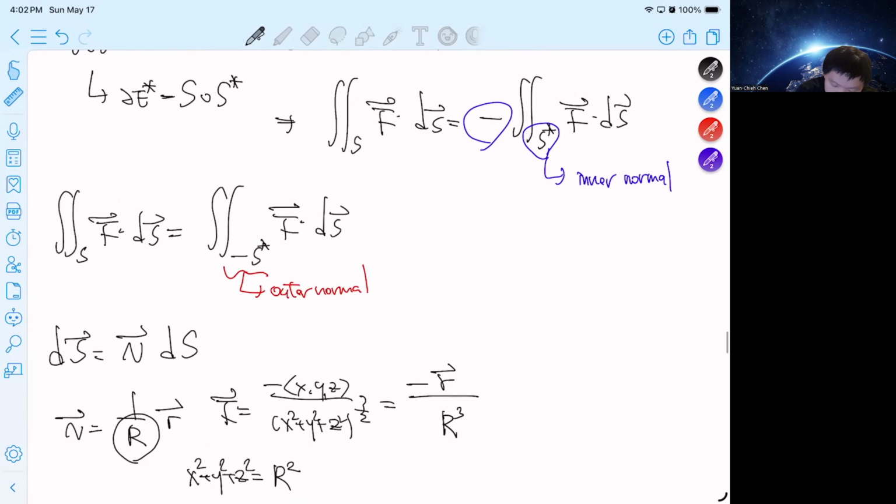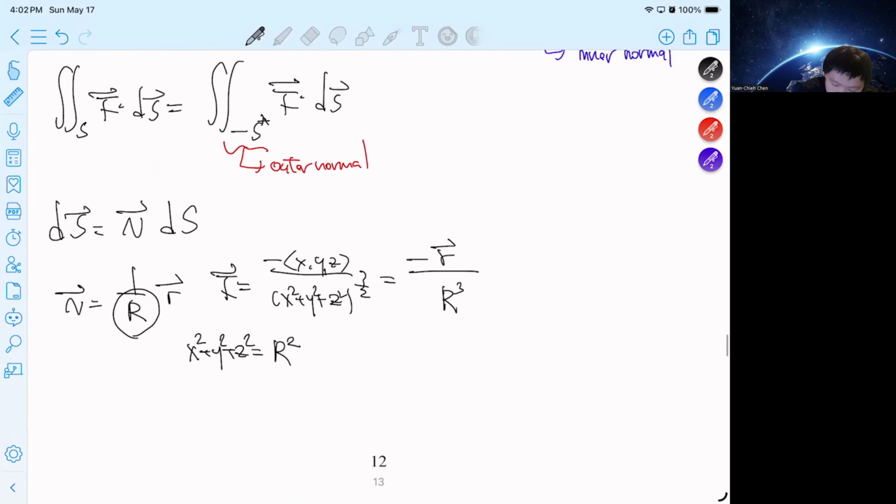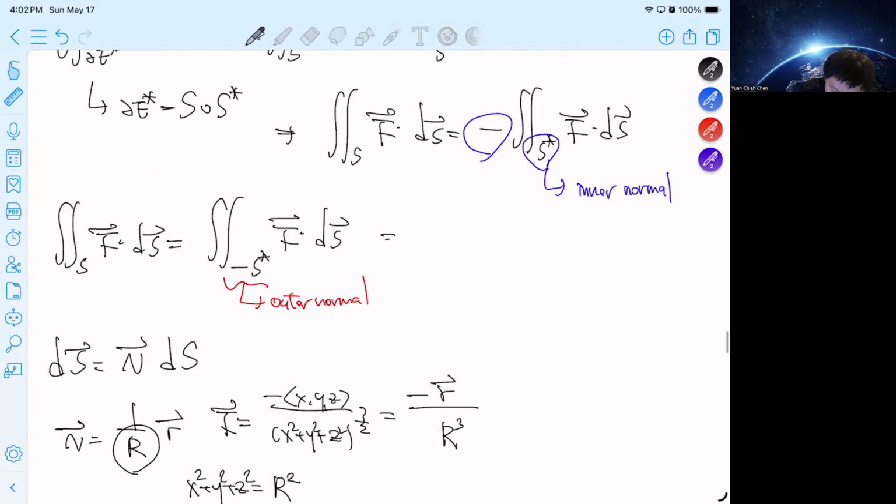So finally, this guy would just use spherical coordinates, so we don't care about that. This is negative the integral over S star, and this is just negative xyz over r to the power 3, dot 1 over r times r. Maybe I'll just keep the r, and dA.